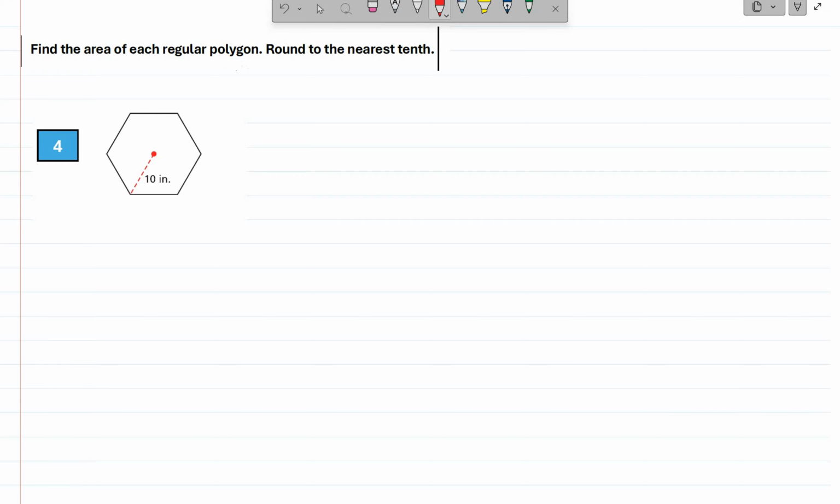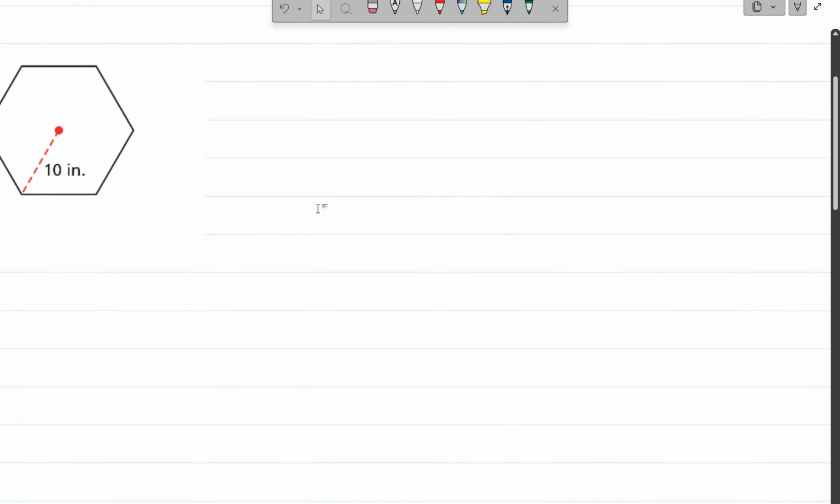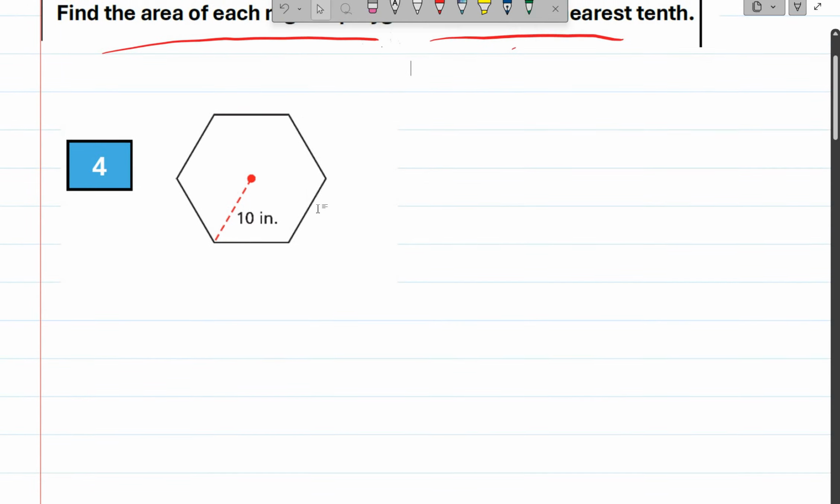Dear students, I will explain 2 more questions to understand better the concept of regular polygons, how to find out the area. So we have 2 more questions, question 4 and 5 in the booklet, saying find the area of each regular polygon and round your answer to the nearest tenth. Dear students, let's zoom in on this one a little bit to see the question better. We have a hexagon.